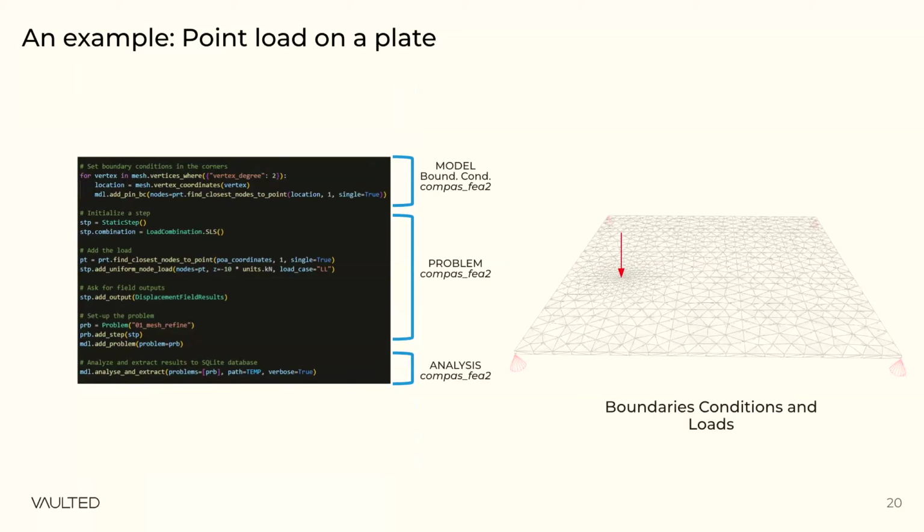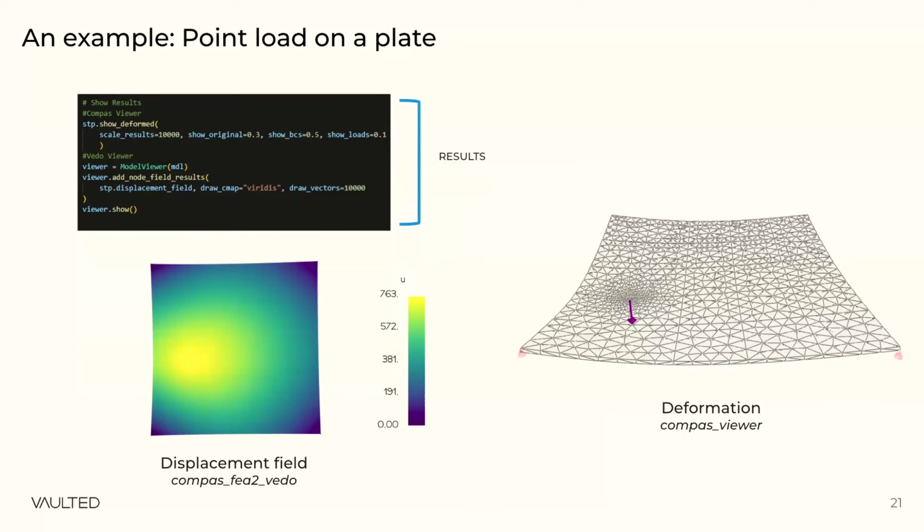So I have better results. Then I do the analysis and then I get the results. So here I'm just showing the deformation and the displacement. So I can see that indeed, where I applied my load, as you would expect, my plate has some deflection.